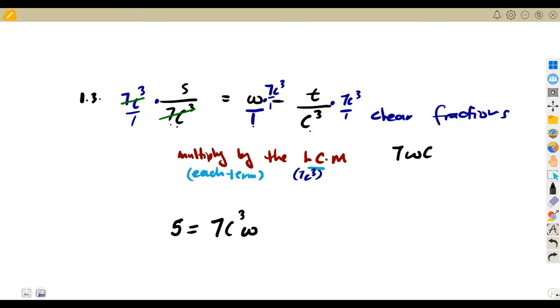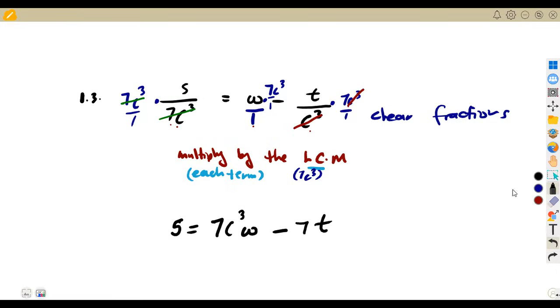Any way that you want to have it is still fine. On this part we can see that we've got c cubed and c cubed, so this can cancel. We remain with the negative t and 7. If we multiply, we obtain negative 7t in this case.